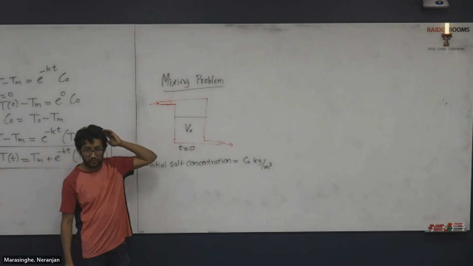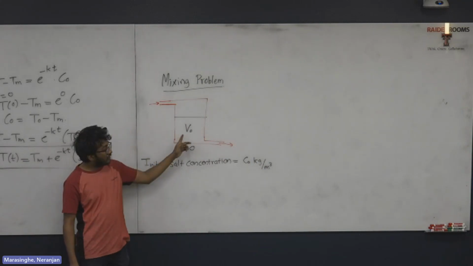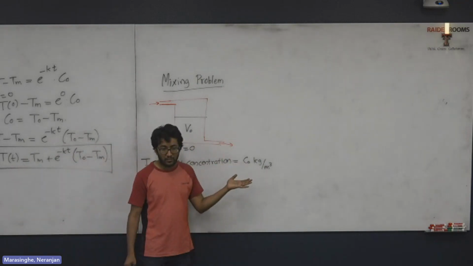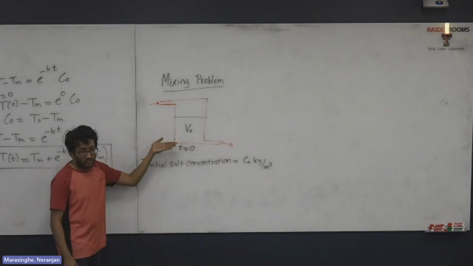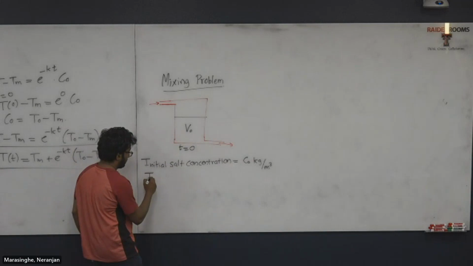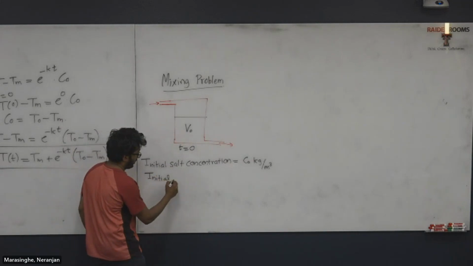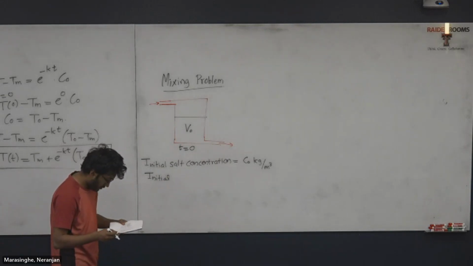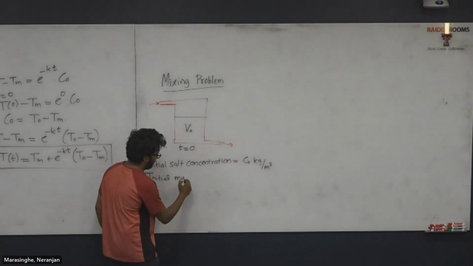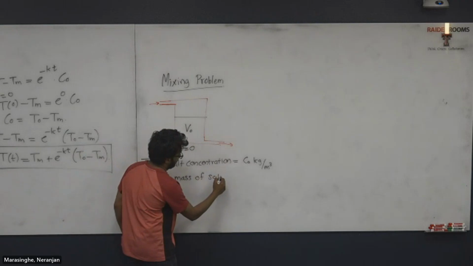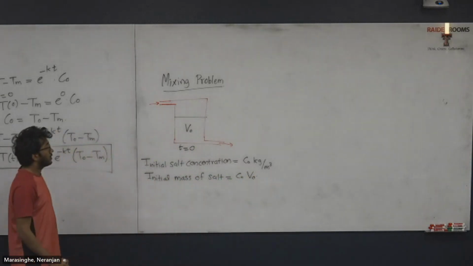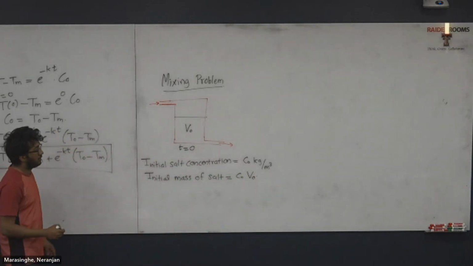It is V naught times C naught, because if you take 1 cubic meter, you have C naught kilograms. This is the initial state, right?